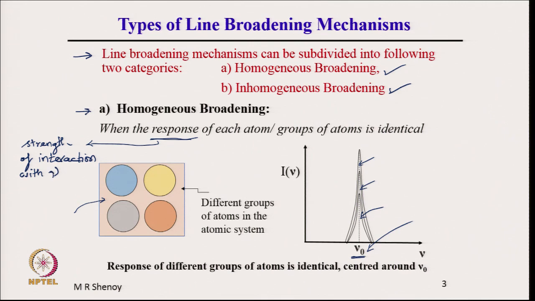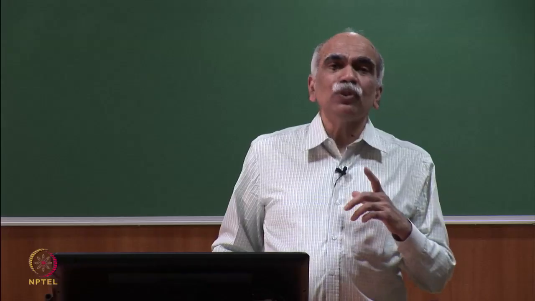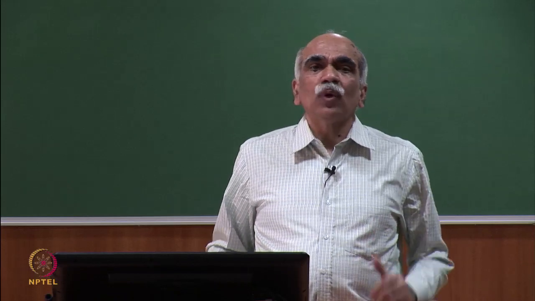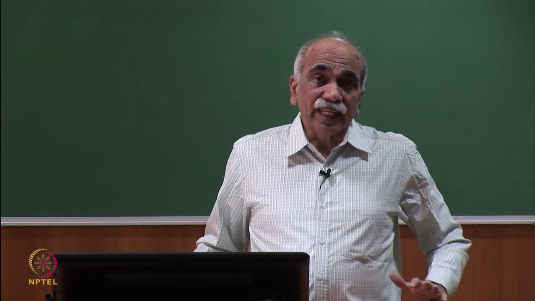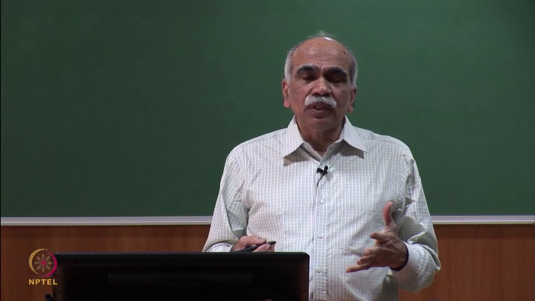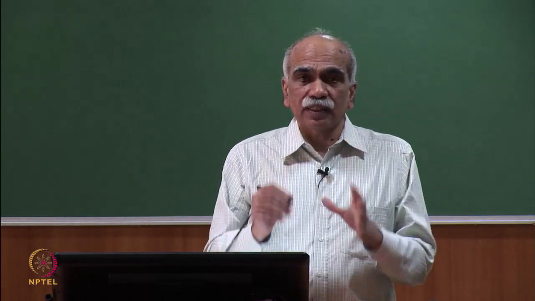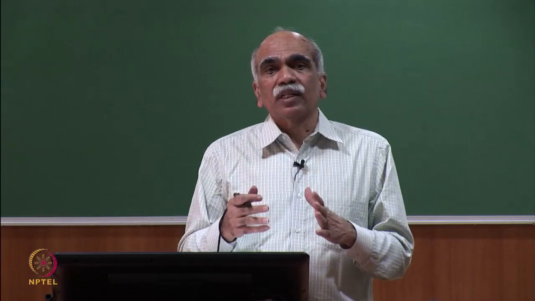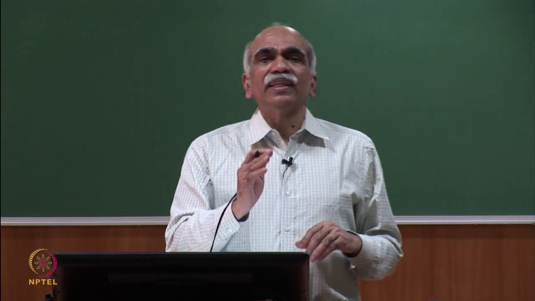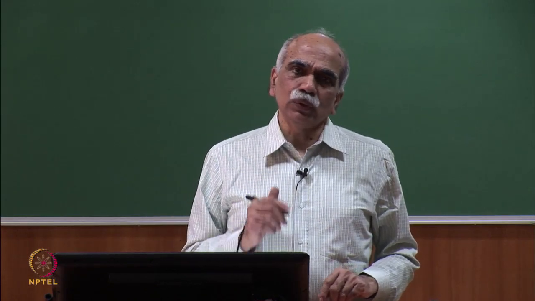If the response of each atom is identical, identical means it is centered around the same frequency and the distribution is also the same. Therefore, the more groups of atoms contribute to the response, the stronger the response will be, but all centered around the same frequency nu 0.